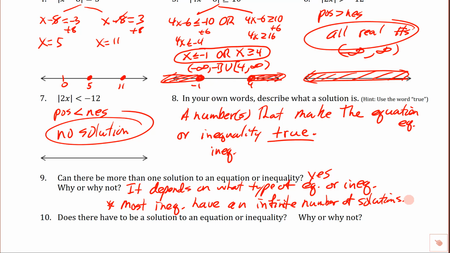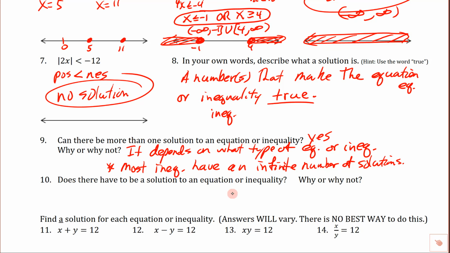Now, does there have to be a solution to an equation or an inequality? Well, the answer to that is clearly no, because we got one up here that has no solutions.